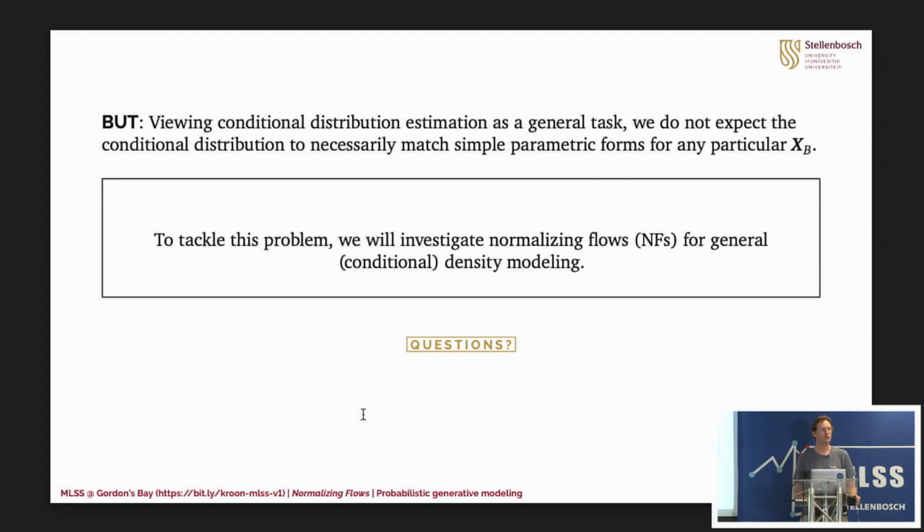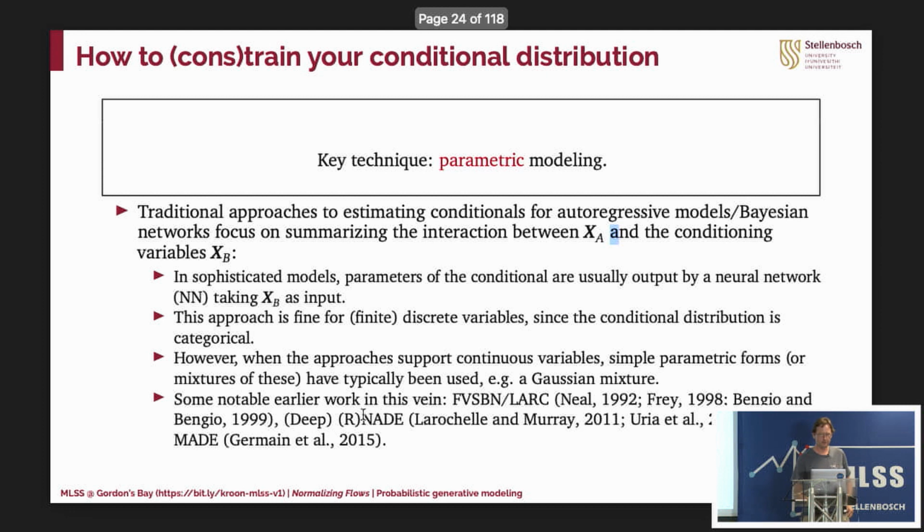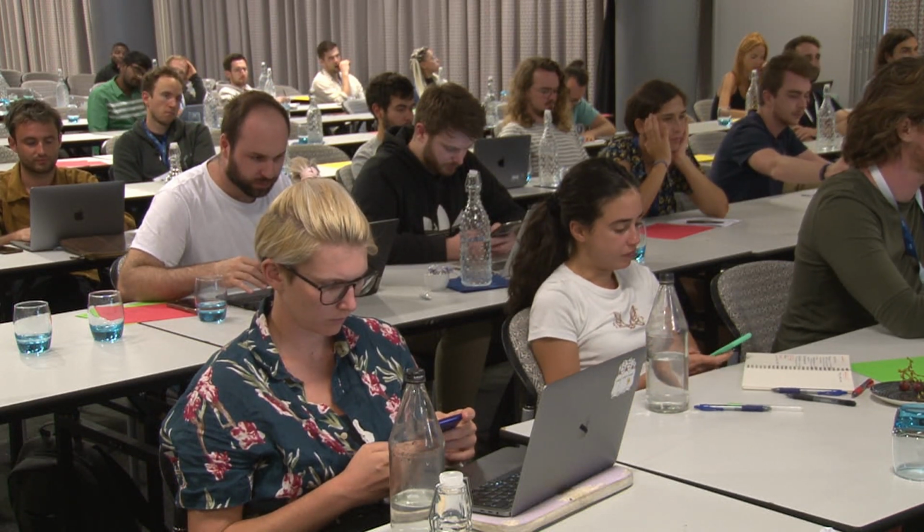Yes? When you choose your family, let us say GMMs, you then have to multiply the components together, and that will either expand your family or take you outside the family.